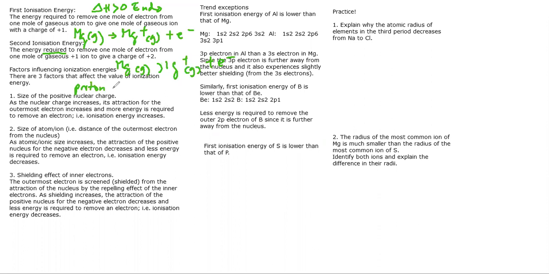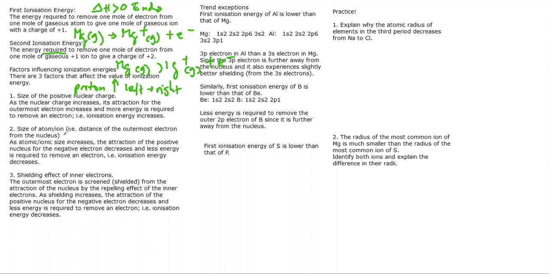As you know, from left to right the number of protons increases. So in general, let me emphasize again, the value of ionization energy increases because of more protons, or a more positive nuclear charge.